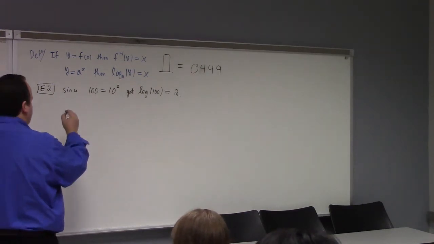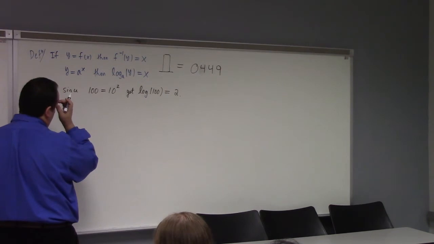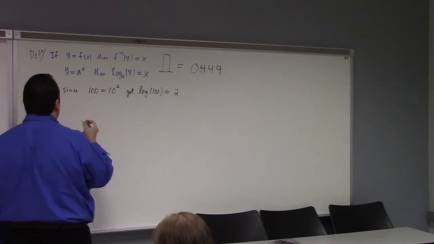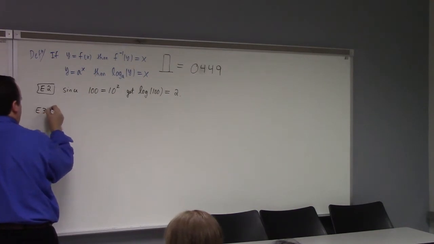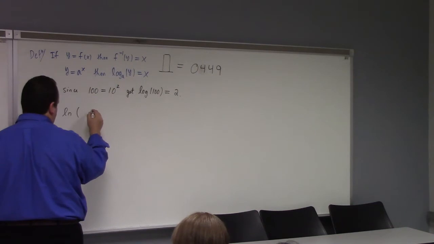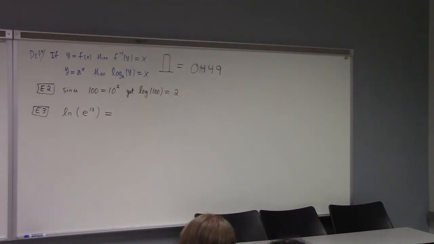Or since, well, I'm trying to think of another one I can rattle off here. I think that's sufficient, but I usually think of it like this. If I'm looking at natural log of, for example, e to the 13th, I just go, oh, okay, natural log and exponential are inverse functions, so that just simplifies to 13, right?